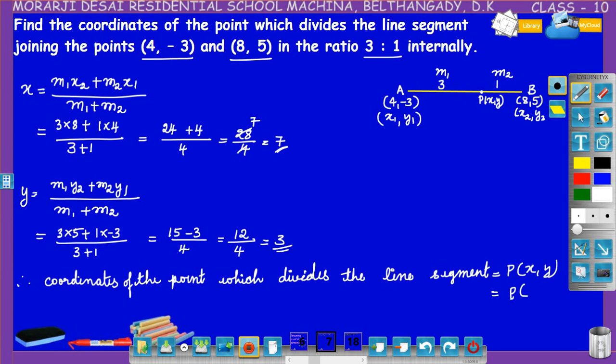That is point P. The coordinates are 7, 3.